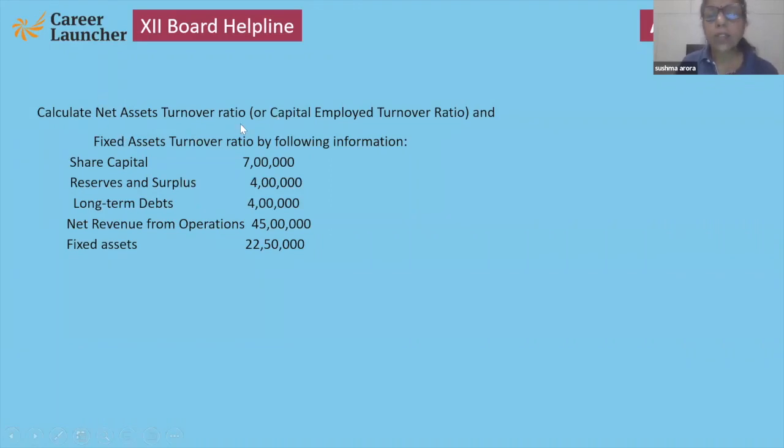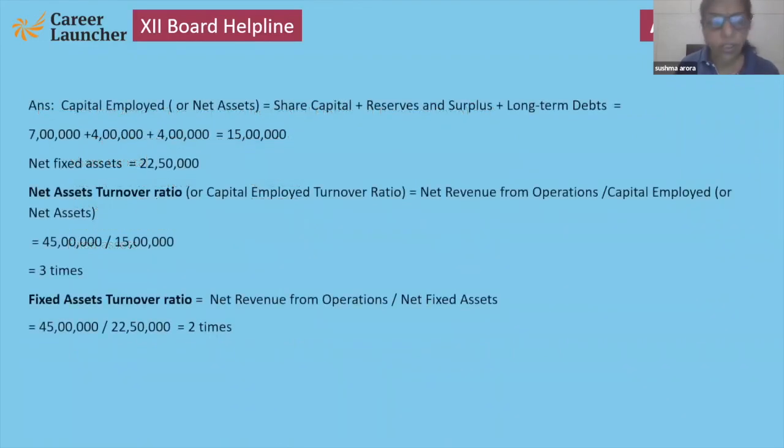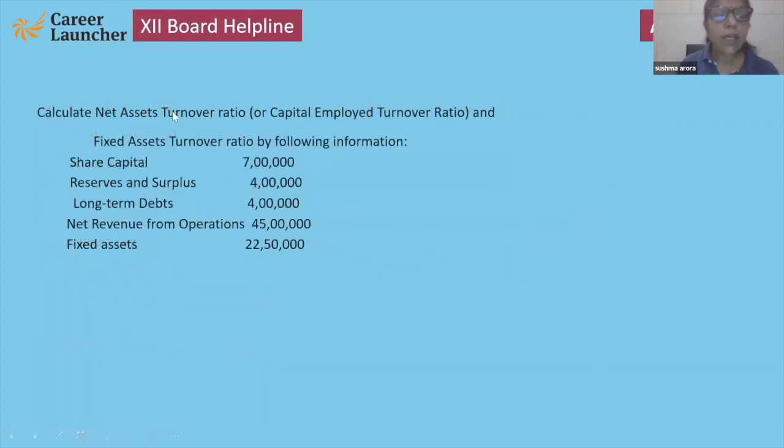Net asset turnover ratio, which is also known as capital employed turnover ratio, and another is fixed asset turnover ratio, by the following information. Now, children, these ratios are added this year. That's why I'm telling you to look at the screen carefully.